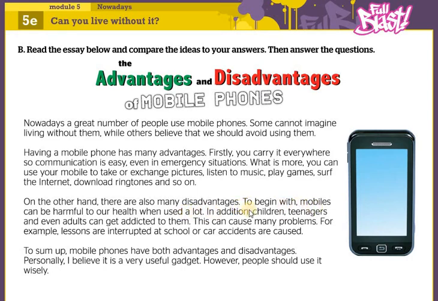To begin with, mobiles can be harmful to our health when used a lot. In addition, children, teenagers, and even adults can get addicted to them. This can cause many problems. For example, lessons are interrupted at school, or car accidents are caused.